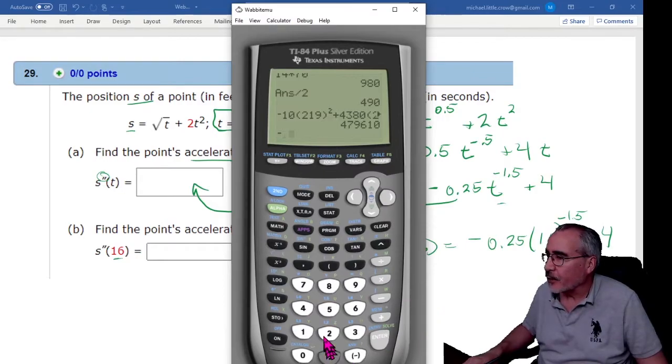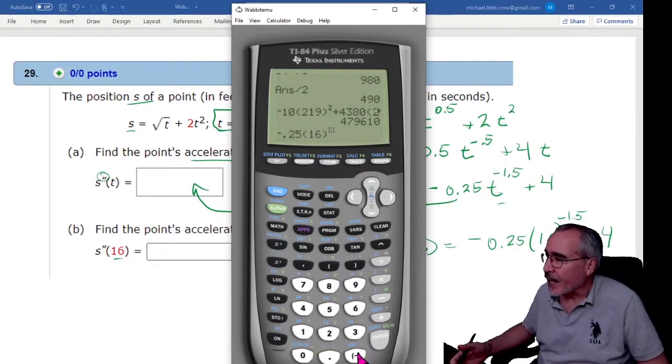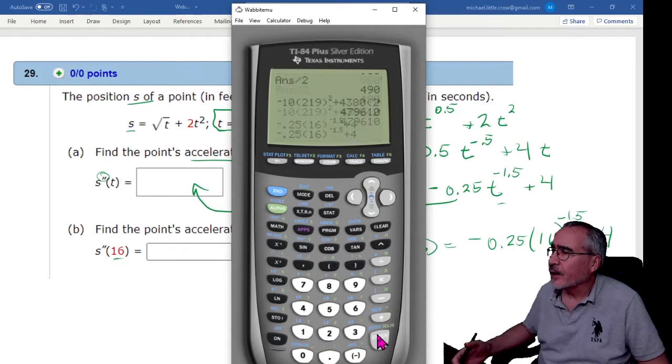Minus 0.25 times 16, because we're going to divide by this anyway, right? Raised to the negative 1.5, plus 4. It's 3.99.